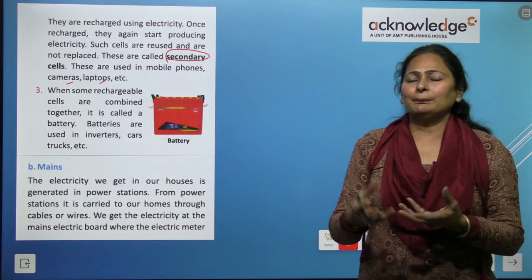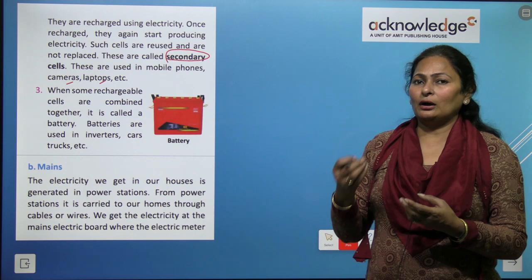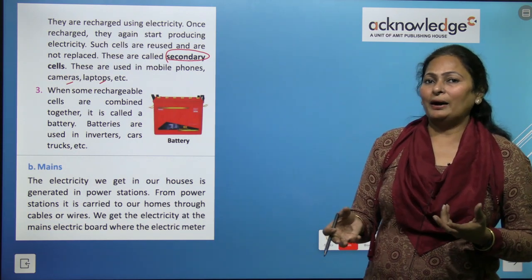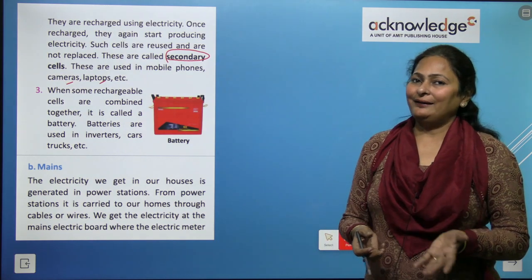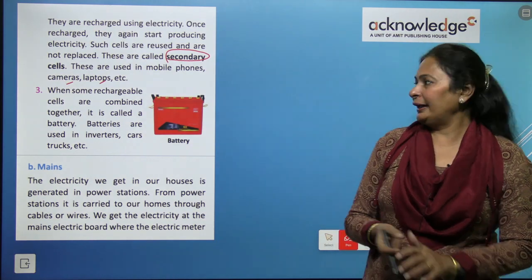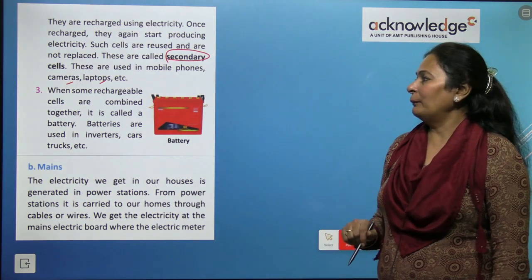Whenever you are using your laptops, your web camera, your tabs, your mobiles, you need to recharge them again and again after the battery gets drained, right? Now what is a battery? A battery is when two or more rechargeable cells are combined together.